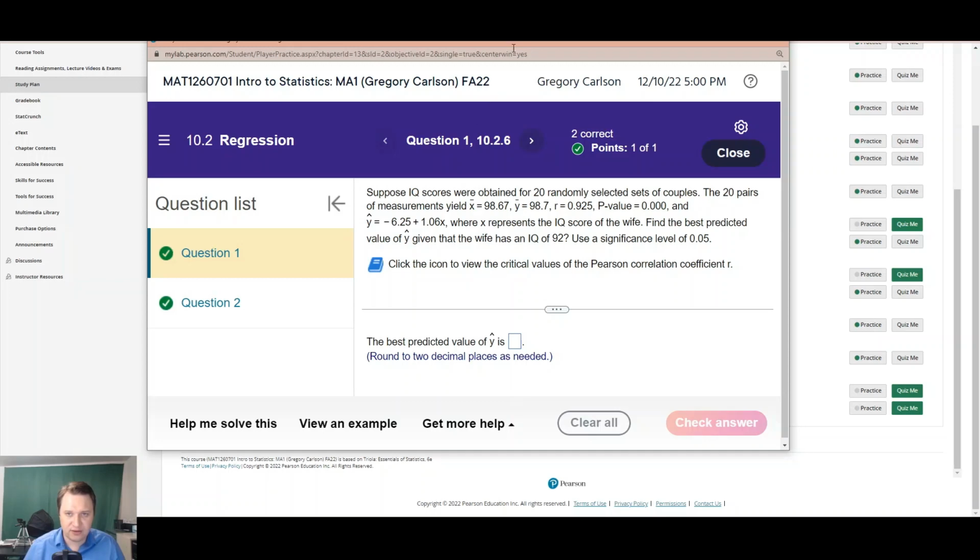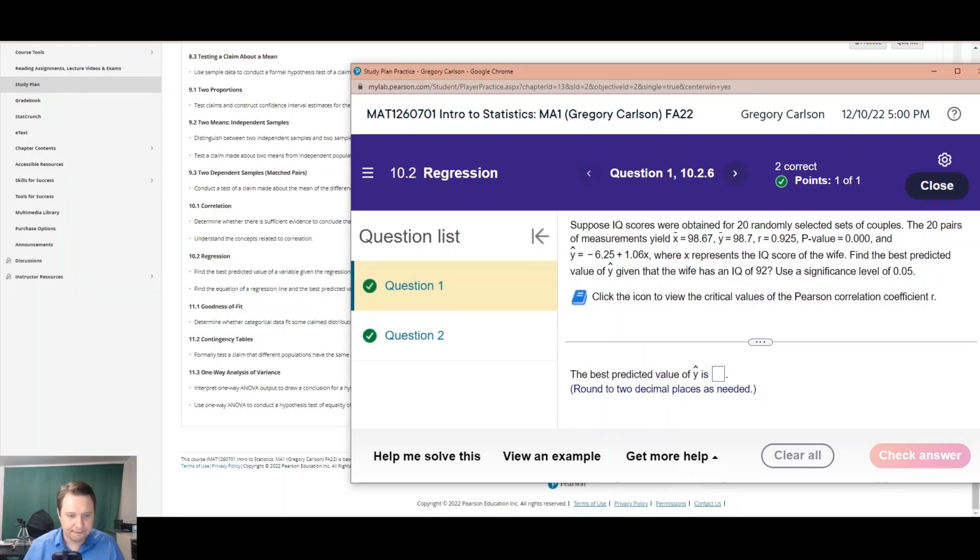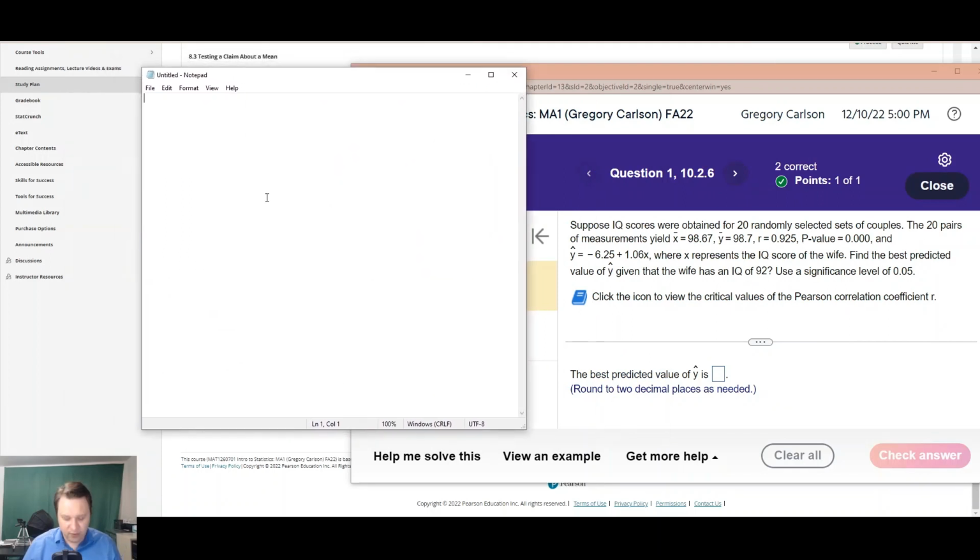And so here's how you do it. I'll just open up Notepad real fast. So we have the equation y equals negative 6.25 plus 1.06x. Okay, and they're saying do a prediction for an IQ value of 92.